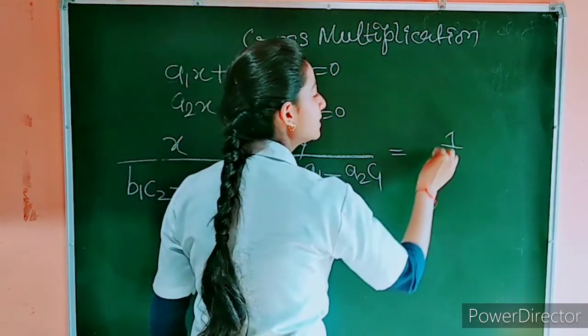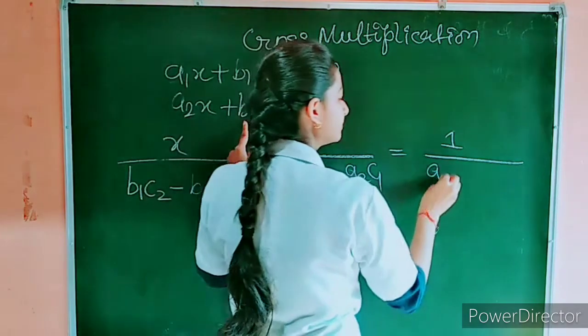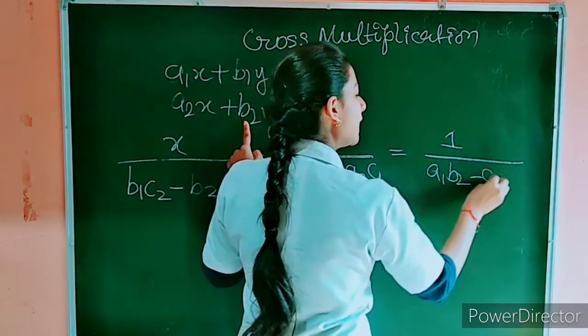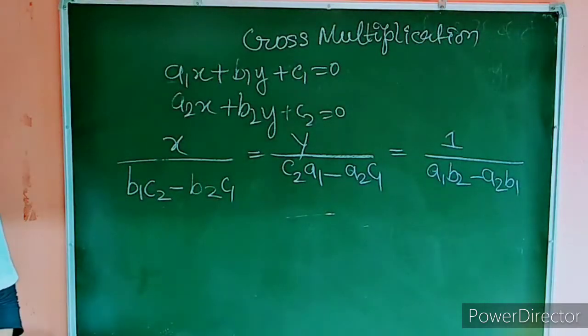Now for the constant, we have a1b2 minus a2b1.